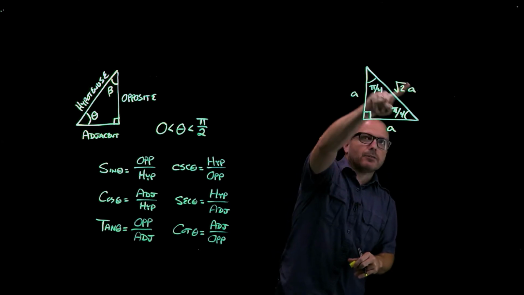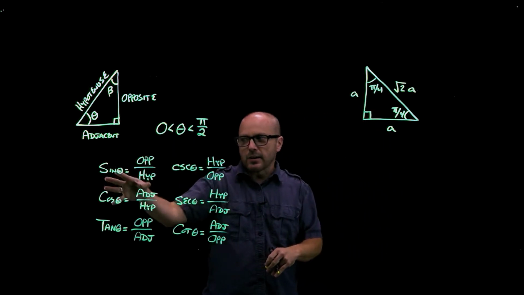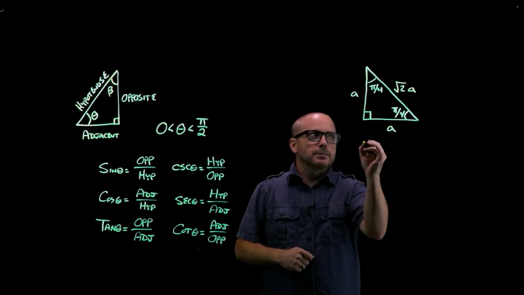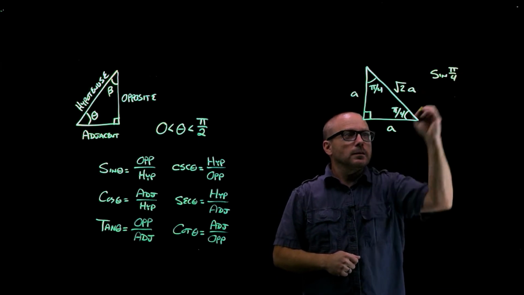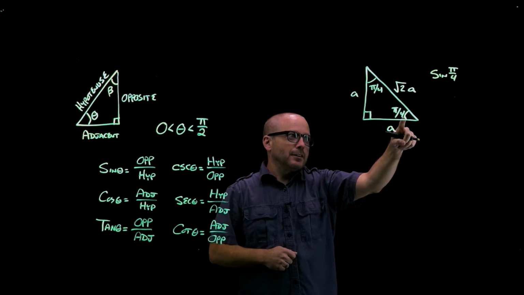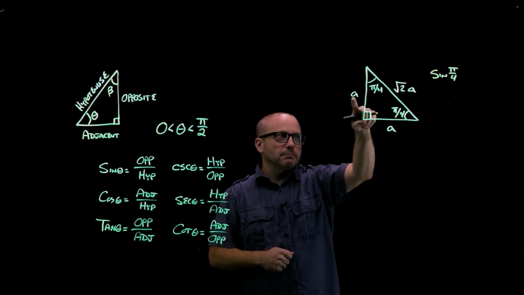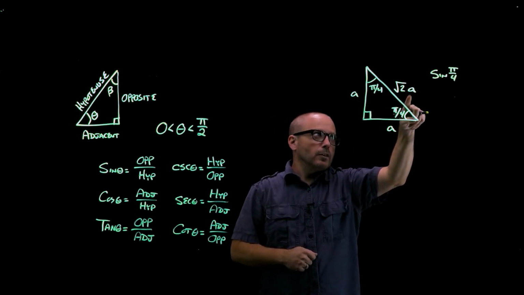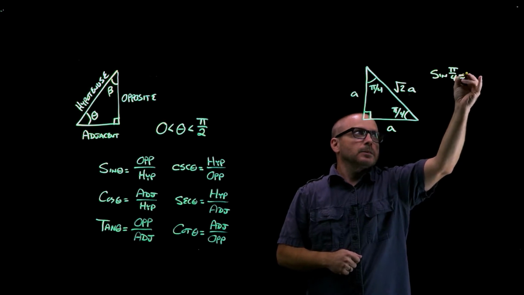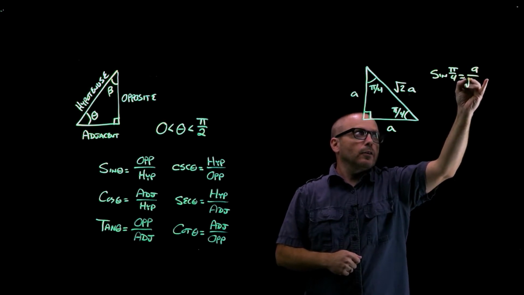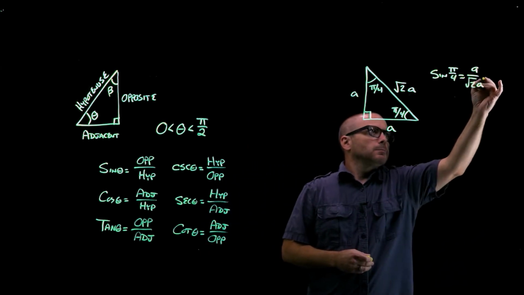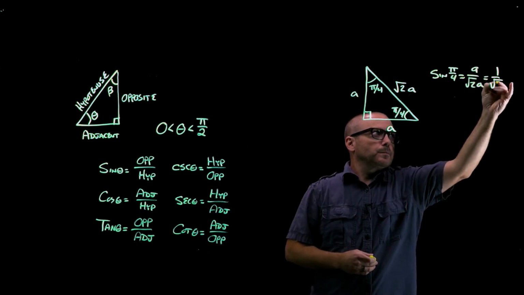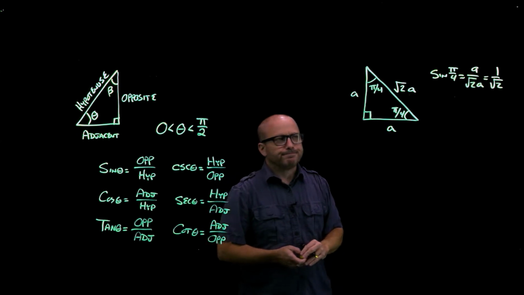Because I can make that relationship, now I can actually talk about what is sine of pi over 4. Well, pick either angle, doesn't matter. Sine is opposite over hypotenuse. So a over root 2a, but that's just 1 over root 2.